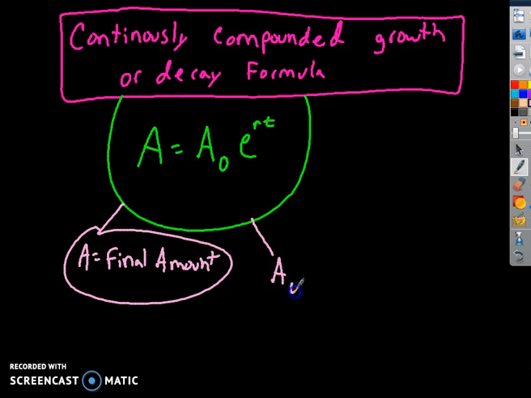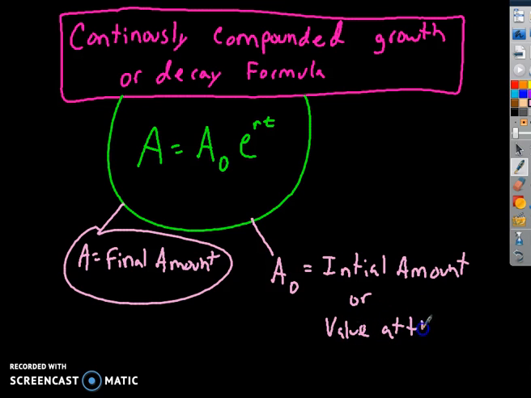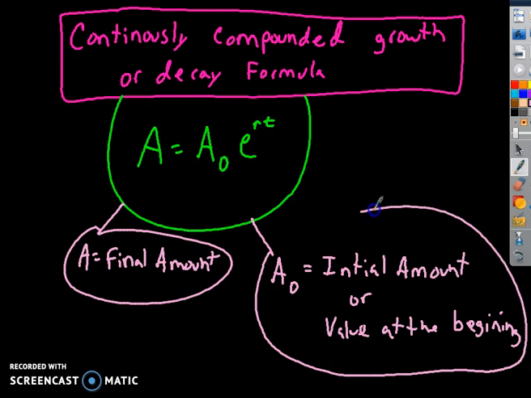A sub 0 or A naught is your initial amount. Or the amount you began with. Or beginning value at the beginning. So either call it initial amount or value at the beginning or value at the start.